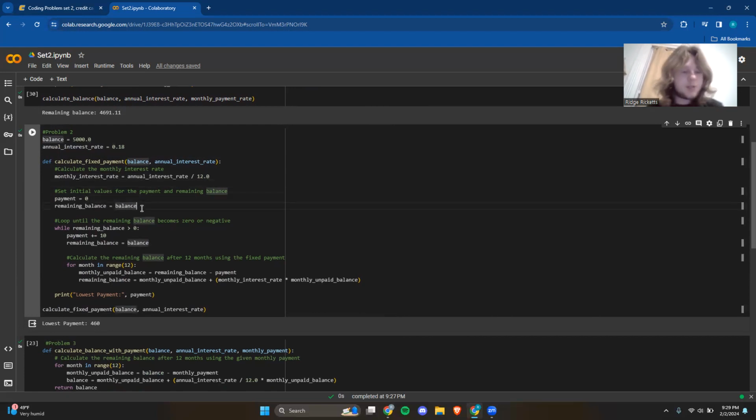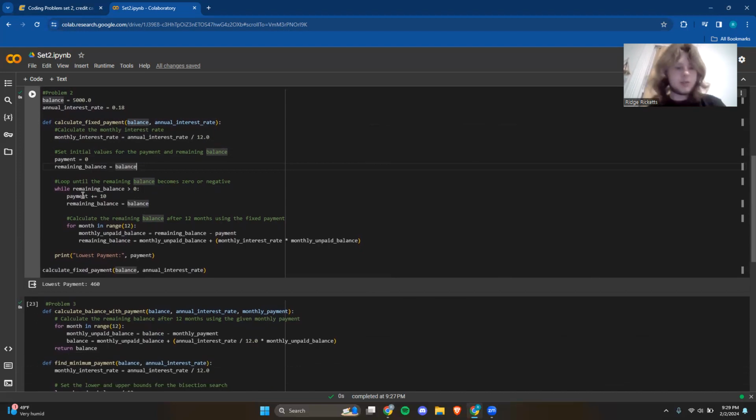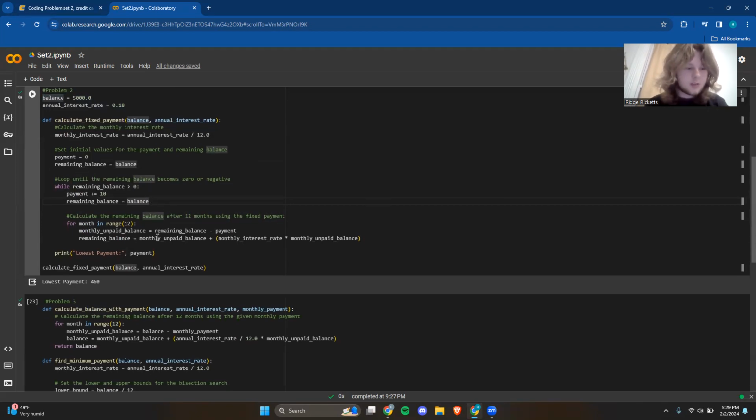And then for this one I used a while loop, and then eventually a for loop. After we've initialized the payment, we use a while loop that continues until the remaining balance becomes negative or 0. This just cycles through it until nothing's left. And then we use a for loop to simulate the 12 months.